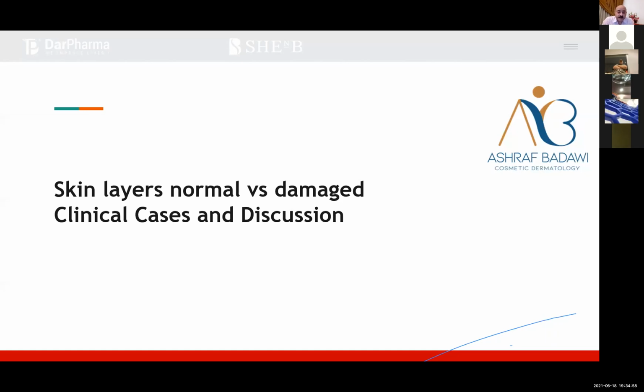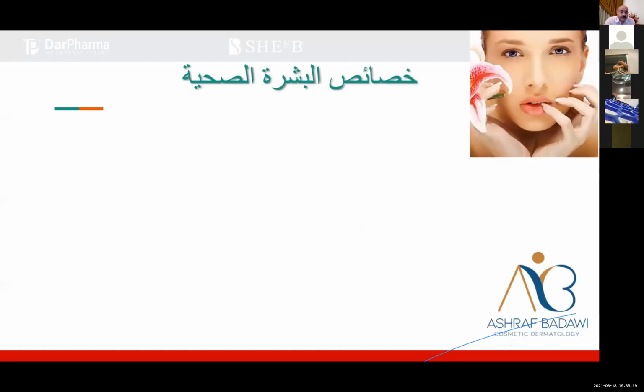So in order to understand the problem, it's important to go through the skin layers and what happens to them along with the aging process and in different pathologies, in order to understand how a certain technology is going to work or improve the skin. So before we go to the pathology, it's important to know the characteristics of healthy skin.